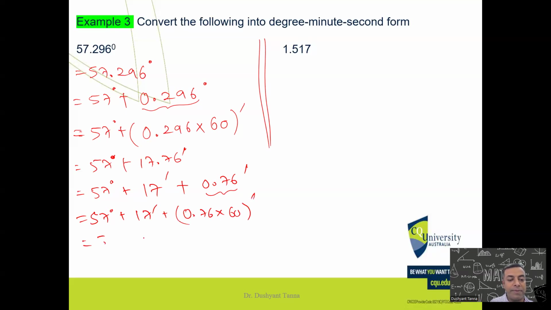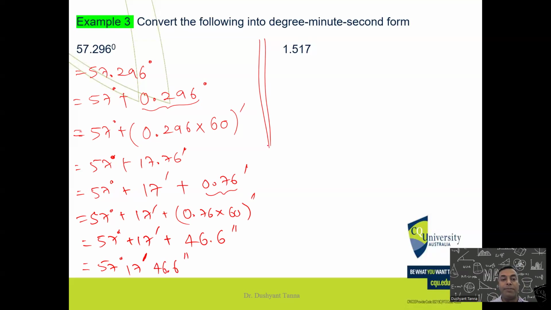Therefore, you got 57, 17 minutes, right? And 46.6 seconds. Just write everything together: 57 degrees, 17 minutes, and 46.6 seconds. This is how you write them.